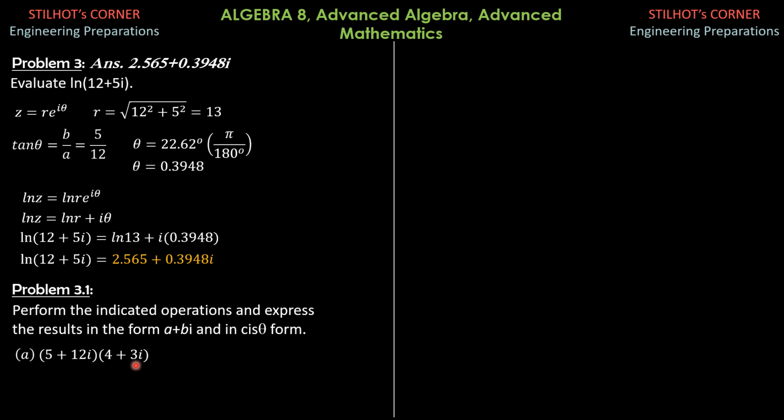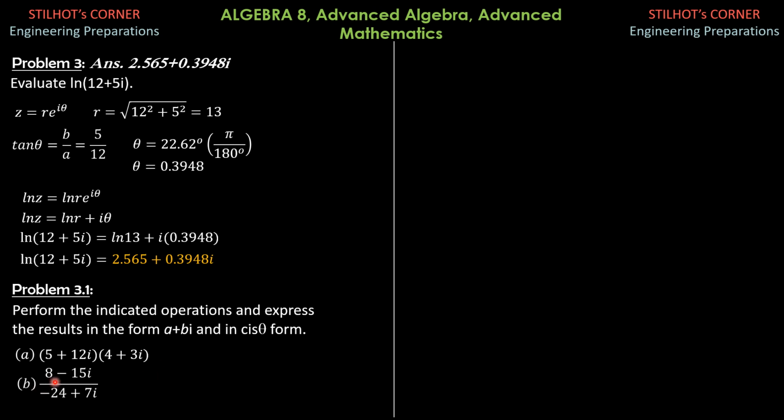Since i squared is negative 1, that would be negative 36. So 20 minus 36 is negative 16. Then for the imaginary part, 15i and 48i is 63i. Therefore, this is negative 16 plus 63i.